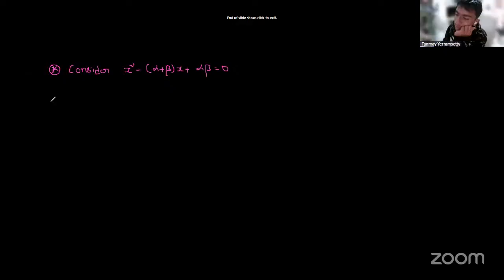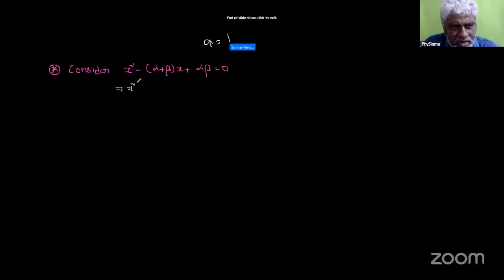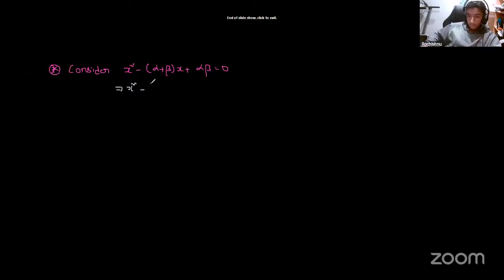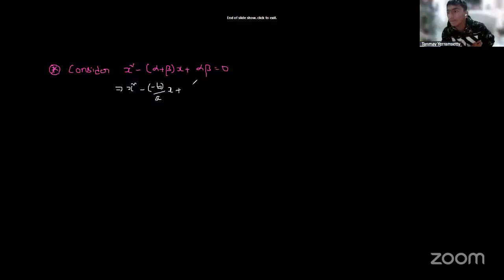So A equals 1. x square minus, do you remember the formula for alpha plus beta? That means sum of the roots, negative b over a. Alpha beta is c over a, right? So x square minus negative b over a times x plus c over a is equal to 0.